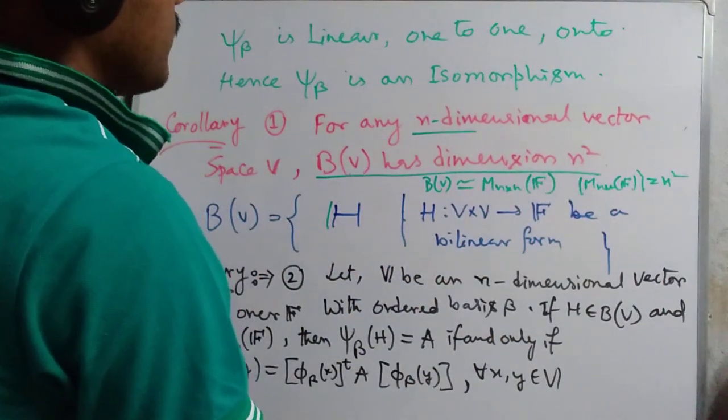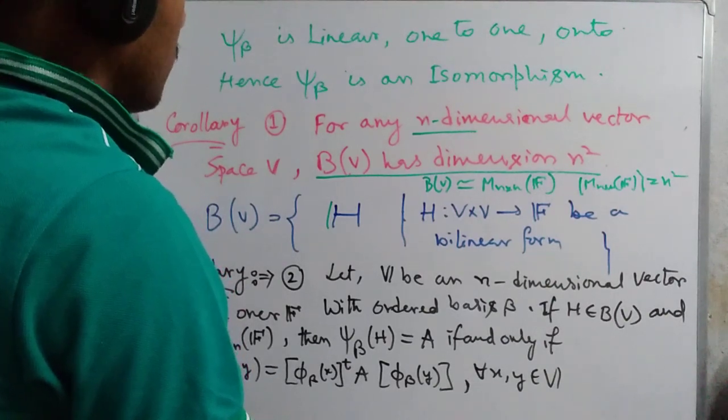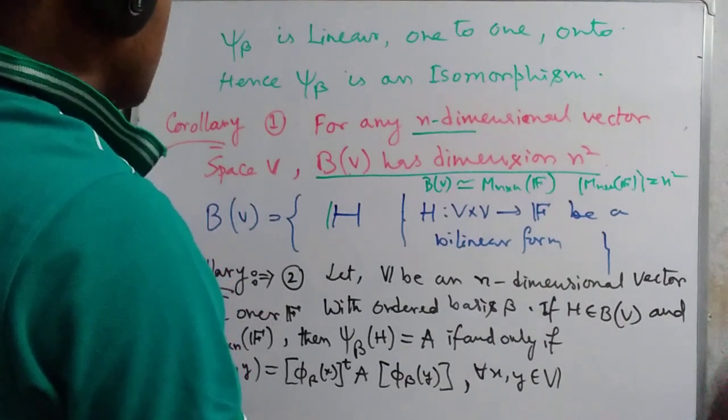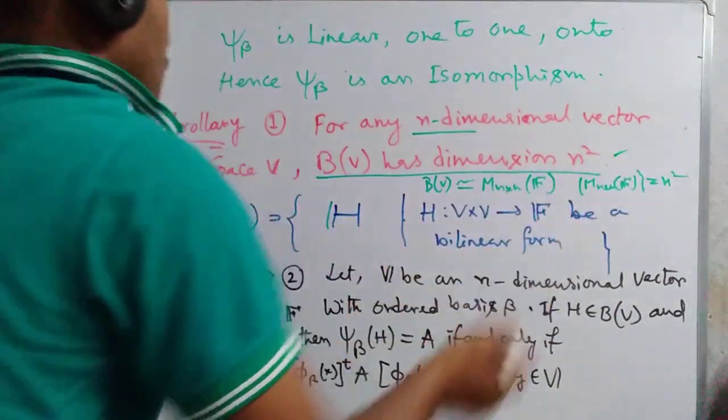Then we also talk about that. That means BV has dimension n square, understood?